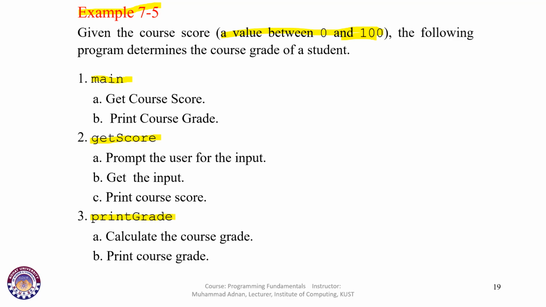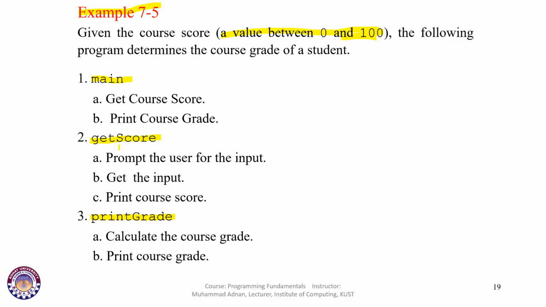Of course, the main module is mandatory. This is the starting point of your program. We have added two more user defined functions, called get score and print grade. In the main function, we are going to get the course score and call these two functions: get course score and print course grade.